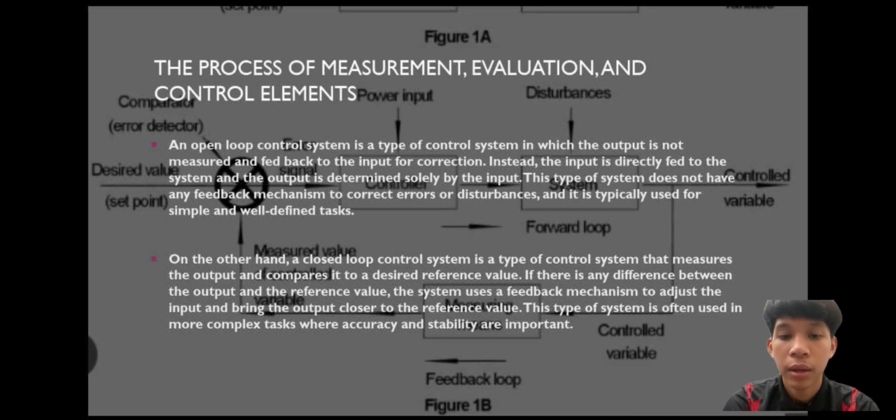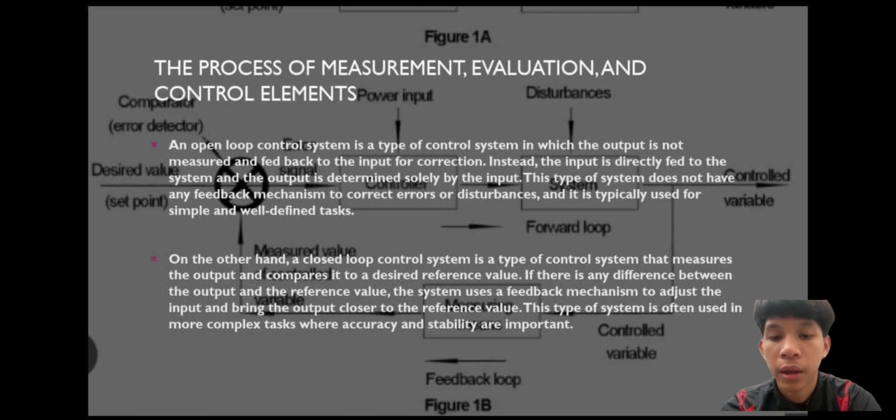On the other hand, a closed-loop control system is a type of control system that measures the output and compares it to the desired reference value.